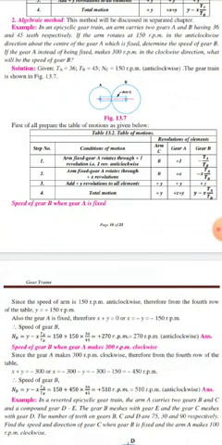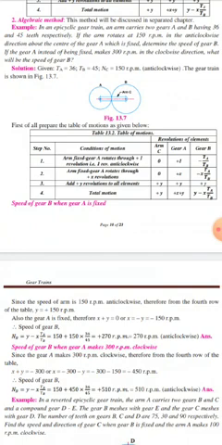Now that the value of x has been found, we can find the speed of B. From the table, the speed of B is y minus x TA by TB. So from here you can see that the speed of gear B is 270 rpm.